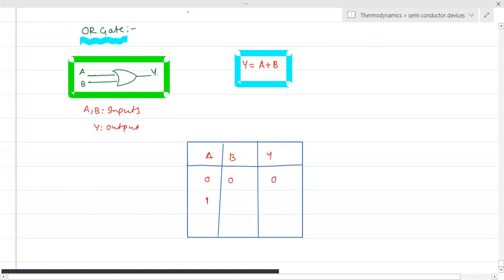Here 1 plus 0 is nothing but 1. And 0 plus 1 is nothing but 1.